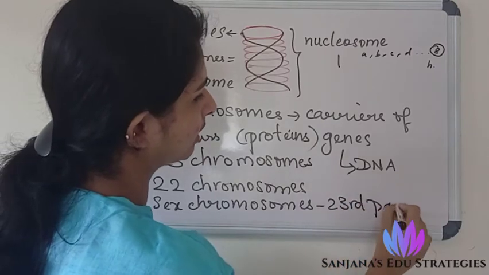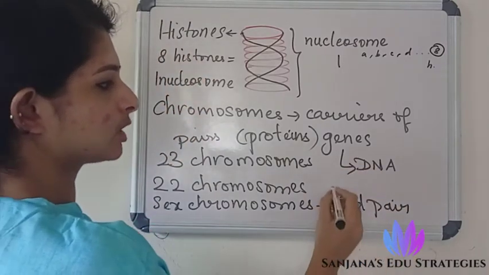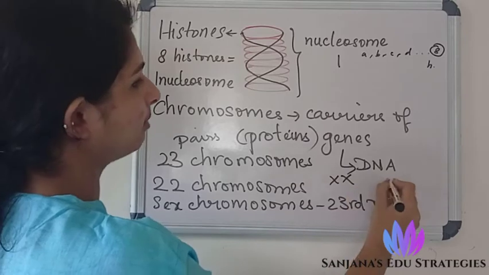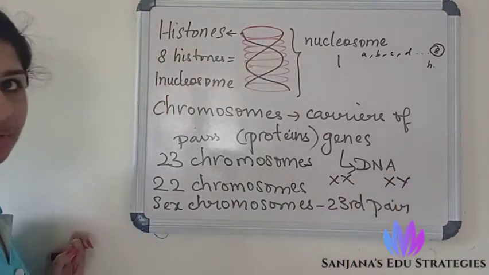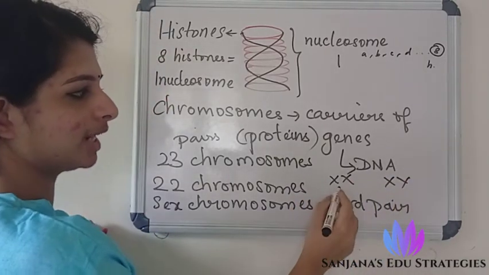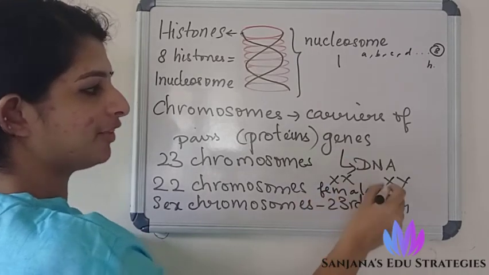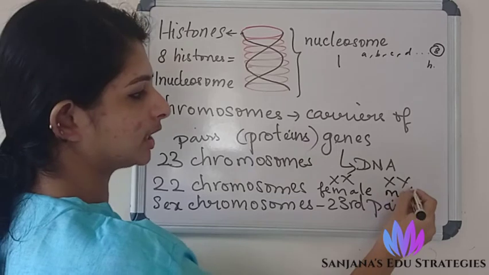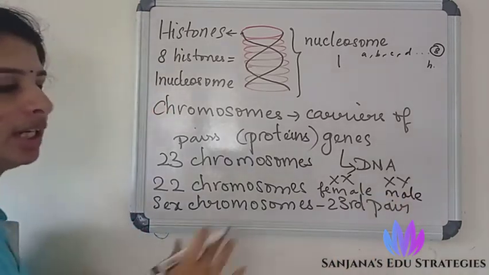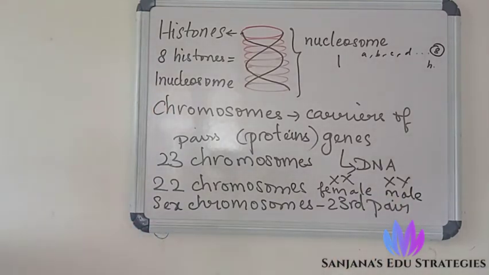This pair consists of XX chromosomes or XY chromosomes. If they have XX, it forms a female child. If XY, it forms a male child. So this is the introduction to chromosomes.